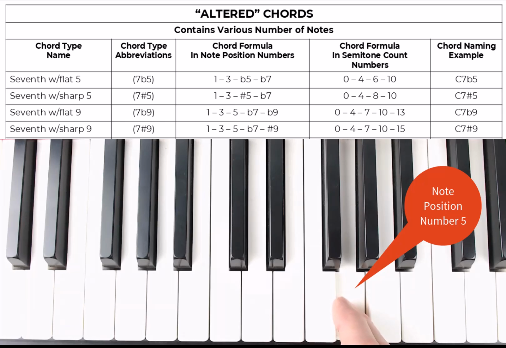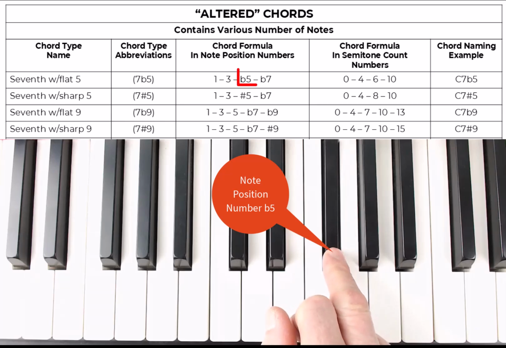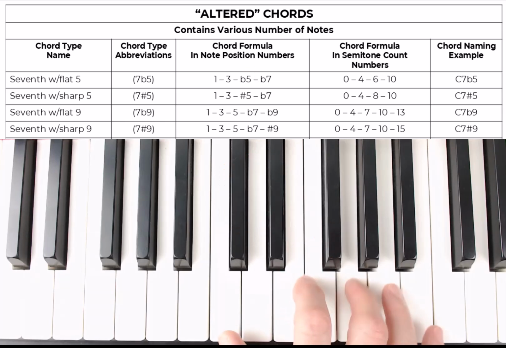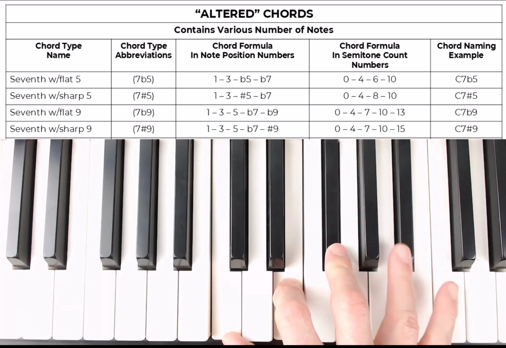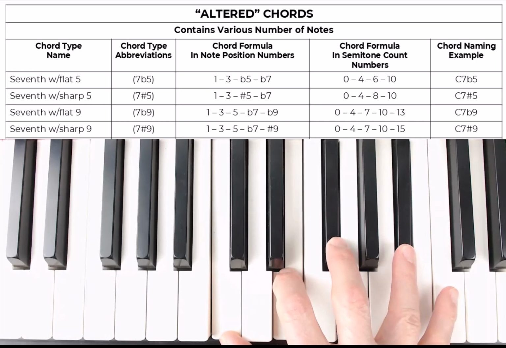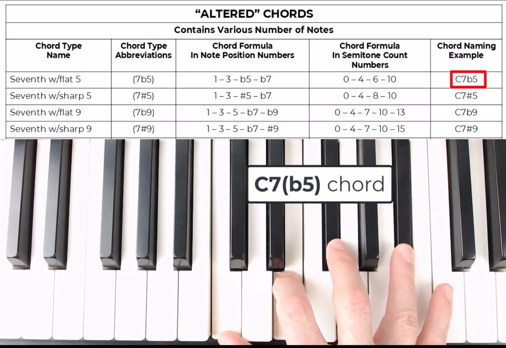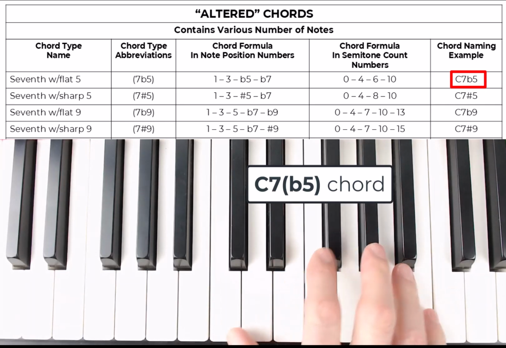And it's basically saying with a flat 5. So we need to play a flat 5 rather than a 5, and then we add the flat 7. So this chord would be a C7 with a flat 5. And that flat 5 in the name itself is saying, hey, take your 5 note and flatten it.